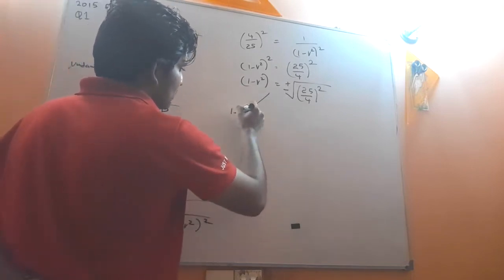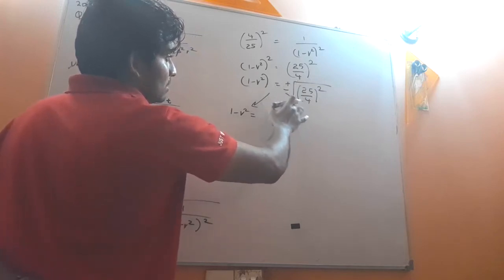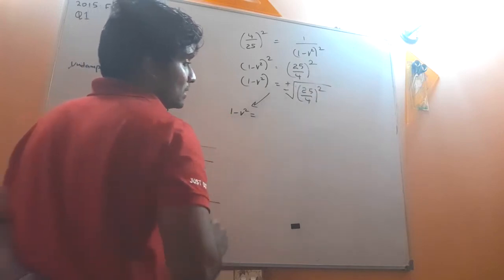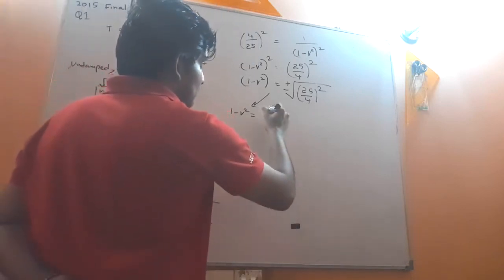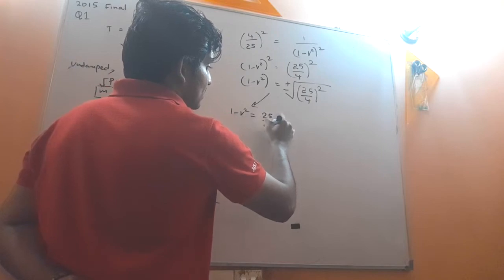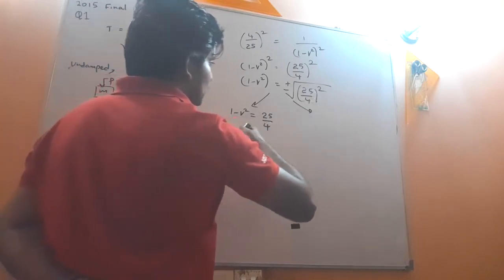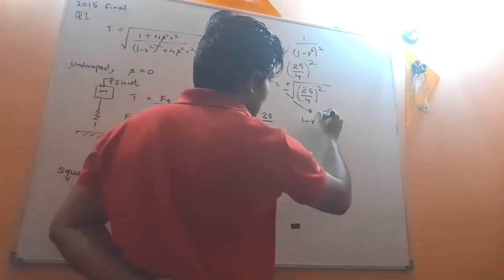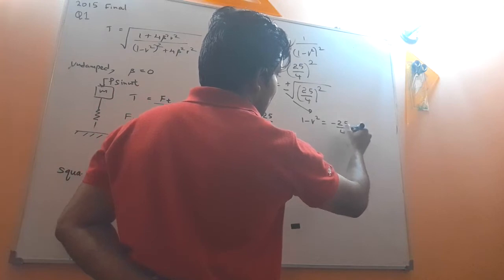It will give you 1 minus r squared equals positive square root of 25 by 4. So what will be that answer? That will be 25 divided by 4, right? That is one option. Now what is the other option? The other option will give you 1 minus r squared equals minus 25 divided by 4.